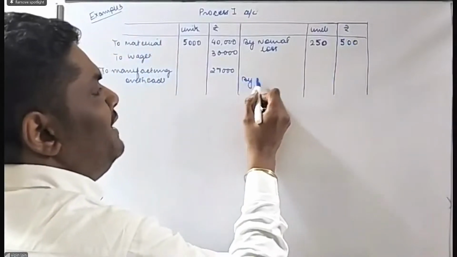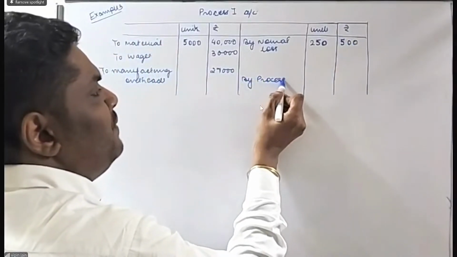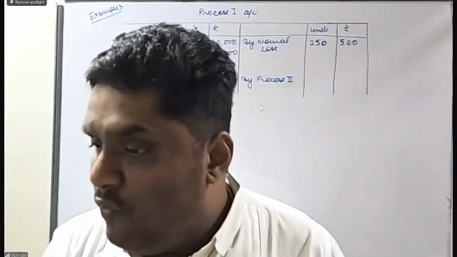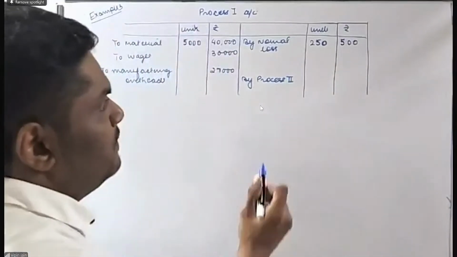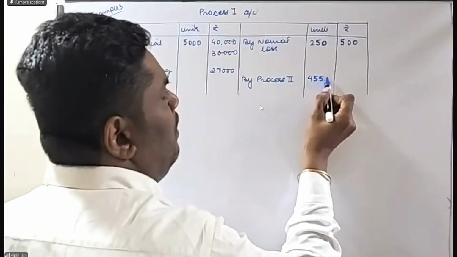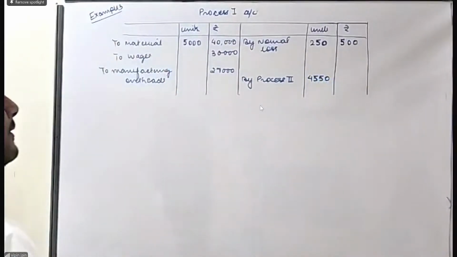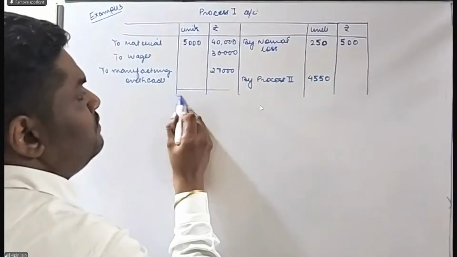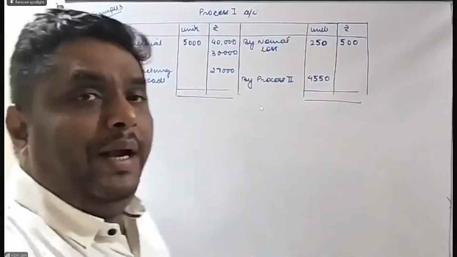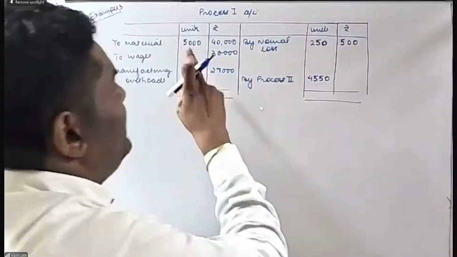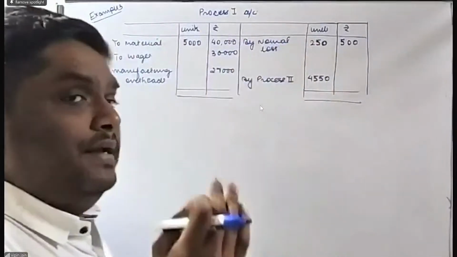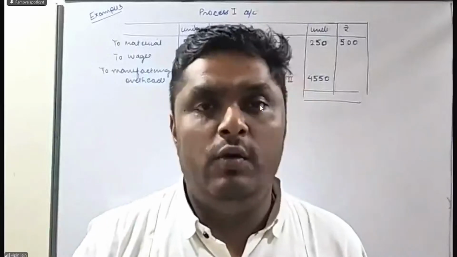Now the output that is to be transferred to the next process is also given in the question, that is 4550. Now, when talking about my expected output, I was expecting an output of 5,000 minus 250, that is 4750.